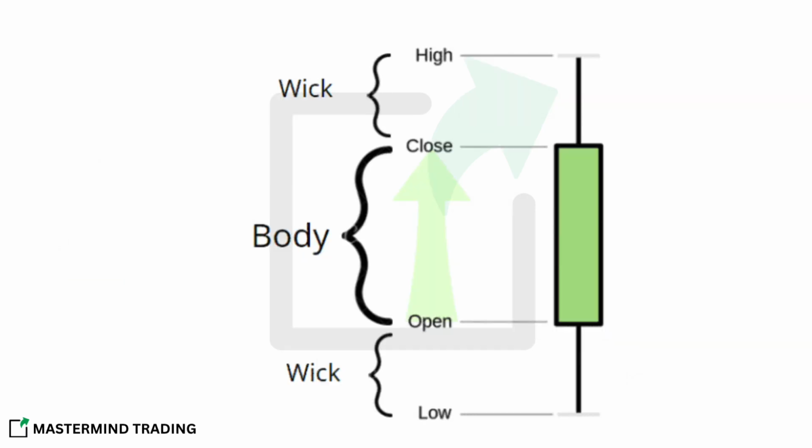Remember, I said there are two types of candlestick, each comprising both the body and the wick. The first is the bullish candlestick, which is usually represented in green, and it represents upward price movement over a given period of time. Don't forget, a candlestick represents price movement over a given period of time.